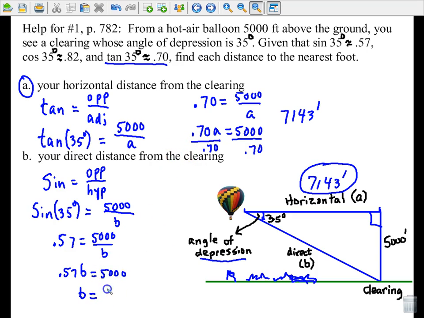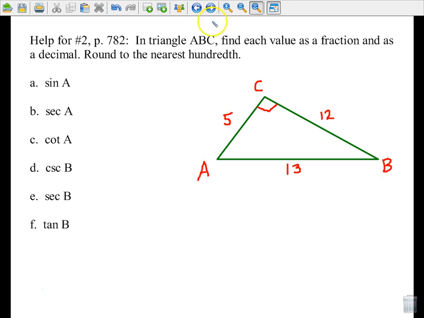But again, we're rounding to the nearest foot, so 8772 feet. So that's my answer for letter B. Okay, and that completes problem number 1. You're going to do a problem very, very much like it. So I hope this problem helps you when you get ready to do homework number 1.